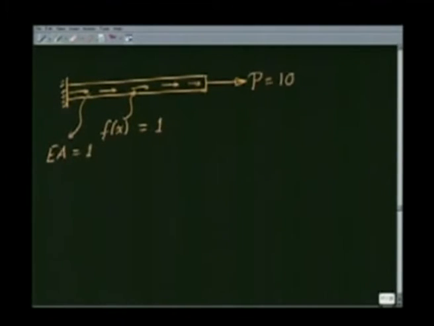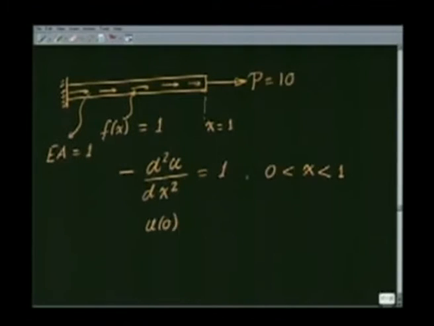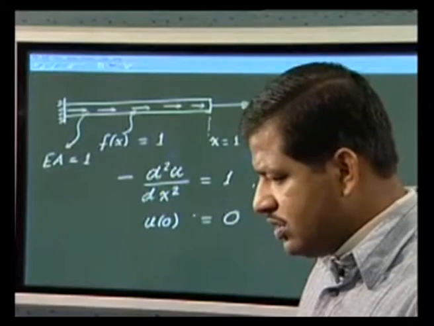So in this case, if you look at the differential equation, it becomes minus d2u dx squared is equal to 1 for x lying between 0 and 1. We have taken the bar to be of length 1, and we will say that u at 0 is equal to 0.